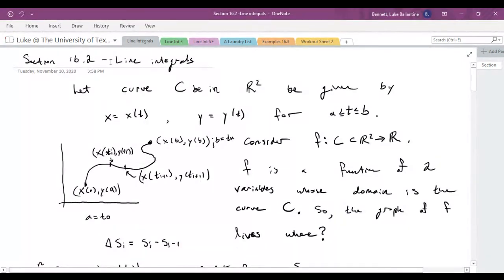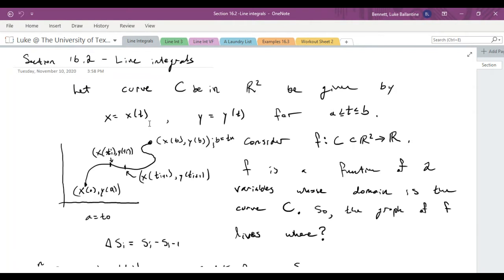We have section 16.2 line integrals. So let C be a curve in R2, given by x equals x of t, y equals y of t for t in the closed interval from a to b.